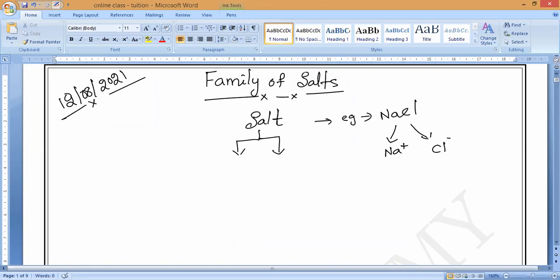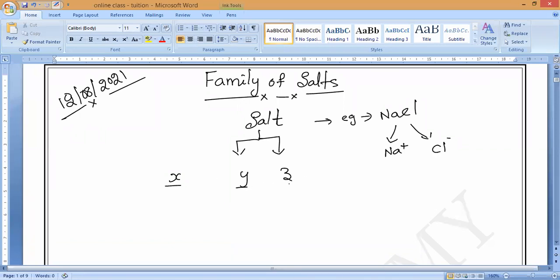So, the family of salts: salts having the same positive ions or the same negative ions are said to belong to a family of salts. That is what you have to remember. Suppose I have given you some X, Y, Z salts.